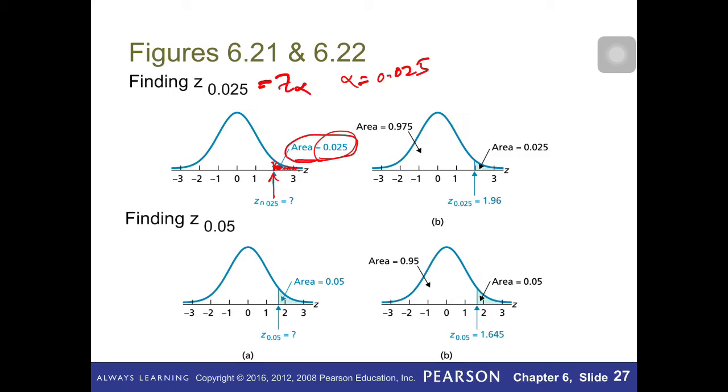So what is the area of this side? 0.975, which means 1 minus 0.025. The total area under this curve is 1. This one is 0.025. So you have to find this z-score value.